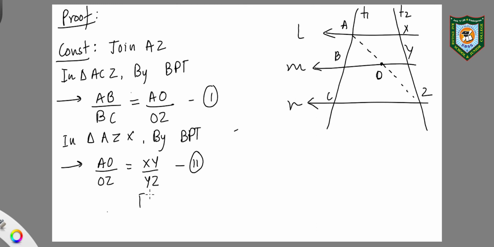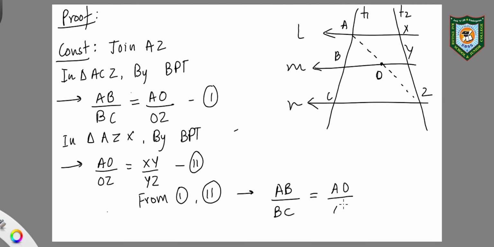And simply from equation 1 and equation 2, I get AB divided by BC is equal to XY divided by YZ. So this is my proof for property of three parallel lines with two transversals.